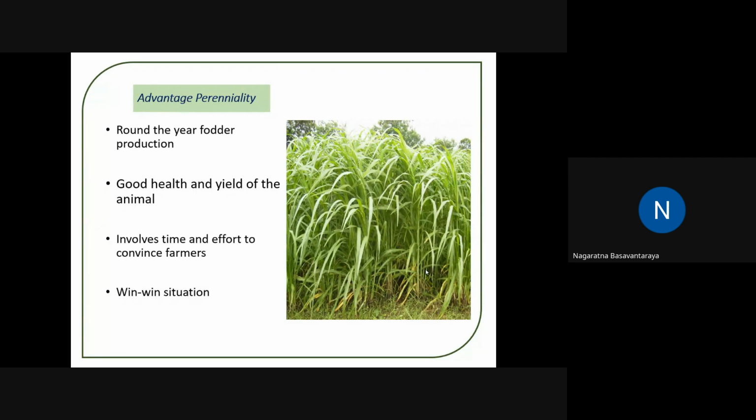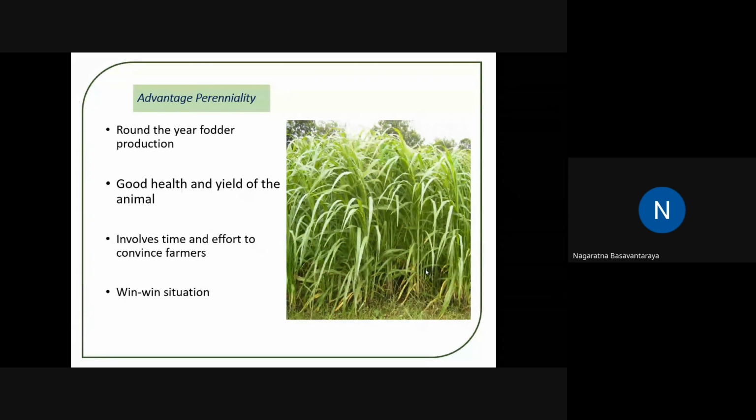The first way perenniality helps is that it allows farmers to harvest green fodder all through the year. Second, because green fodder is available, it improves the health of the animals as well as animal yield, maybe milk yield or the fattening of the animals.